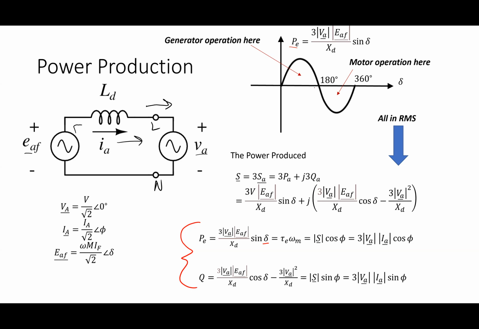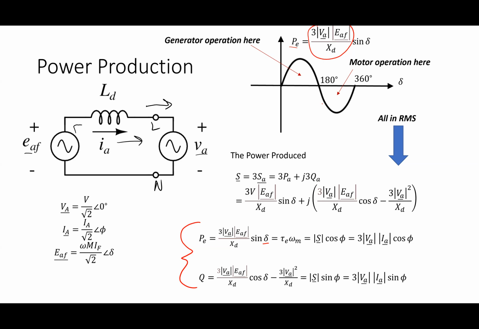Essentially here I've shown that there is a maximum amount of power I can get out of this thing, and I'm showing the power as a function of delta. Power goes negative, nothing wrong with that. If power goes negative, then it is a situation where it's a motor.